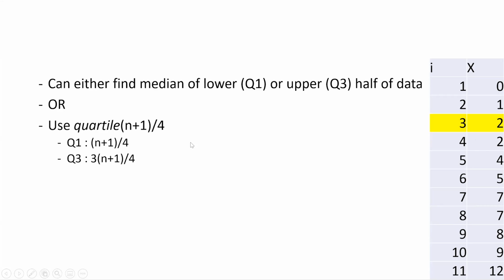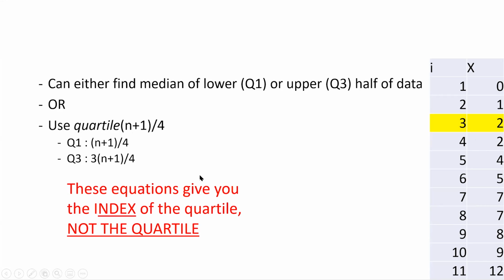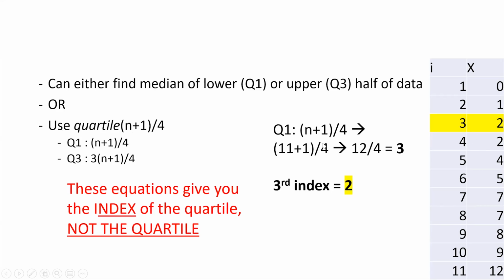Or you can use this equation, which you should all be familiar with, right, from the homework assignment in week 1. So it's the quartile, so 1 or 3, or 2, I suppose, times n+1 divided by 4. And that gives you the index of the quartile, not the actual quartile. So if we're looking for Q1 here, it'd be n+1 over 4.